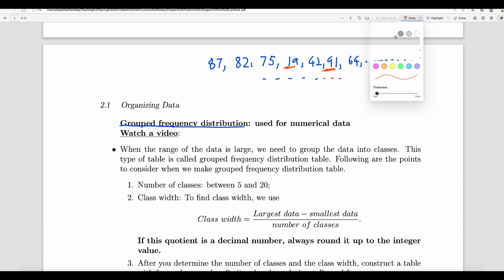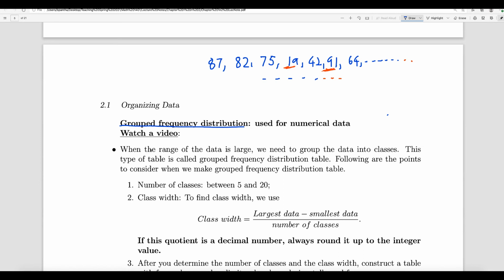So after you collect the data, the next thing you do is organize the data, or make the frequency distribution table from it. I will present a couple more examples later, but this is just an example of how we organize the data. Later I will give a complete example.